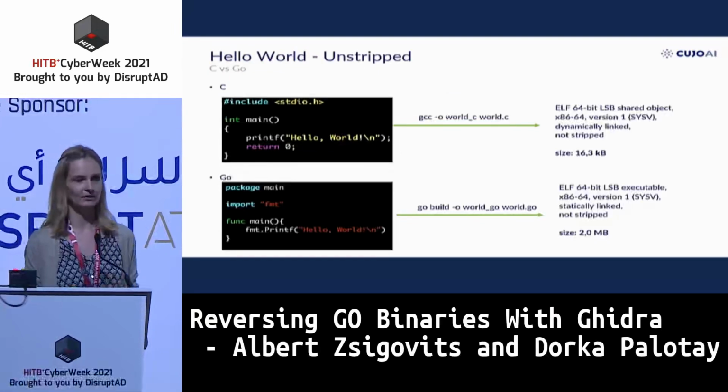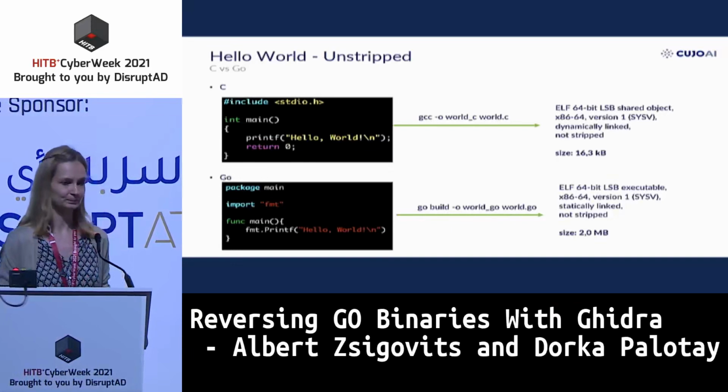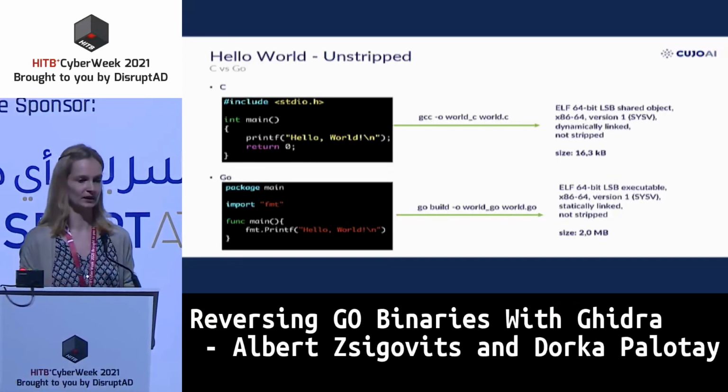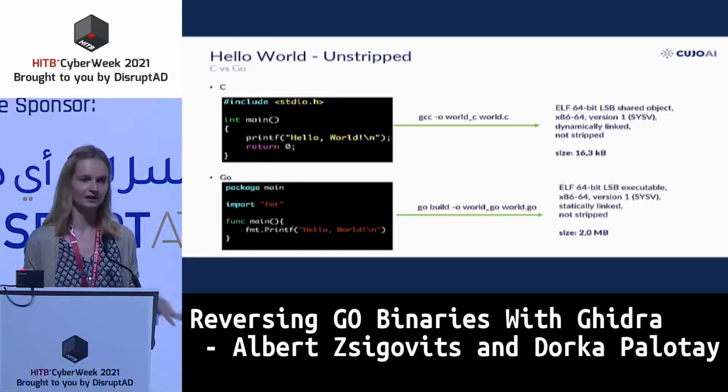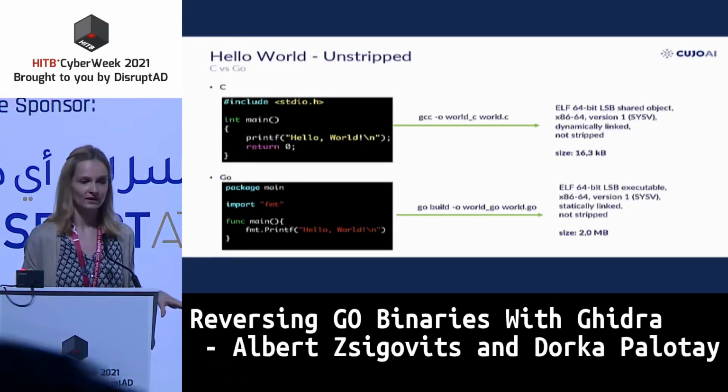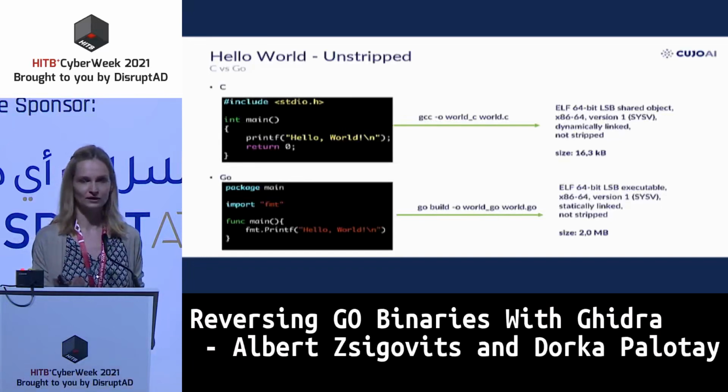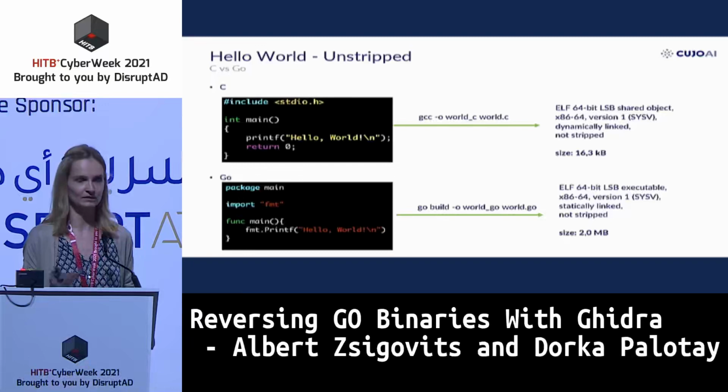We will compare a hello world written in C and a hello world written in Go. Now we are talking about the unstripped binaries, and what is interesting from this slide is only the size of the files. If you create a simple hello world in C and also one in Go, you can see that the Go version is about 2 megabytes. That's huge compared to the 16 kilobytes of the C binary.